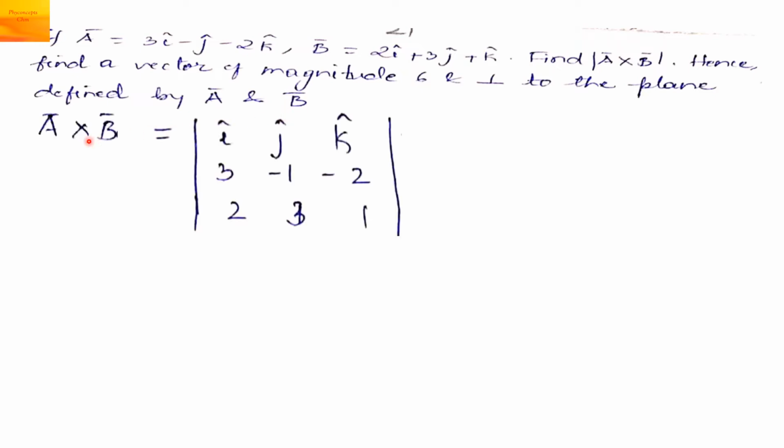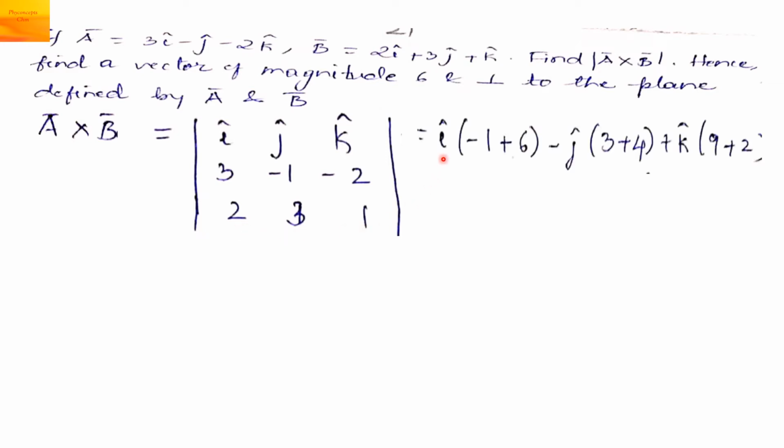So we will find the cross product A bar cross B bar in the determinant form. This is I cap, J cap, K cap. On the second row, we write down the components of vector A bar, that is 3, minus 1, minus 2. On the third row, we write down the components of the vector B bar, that is 2, 3, 1.